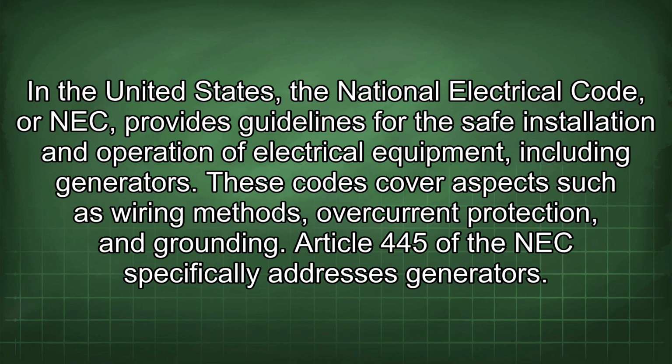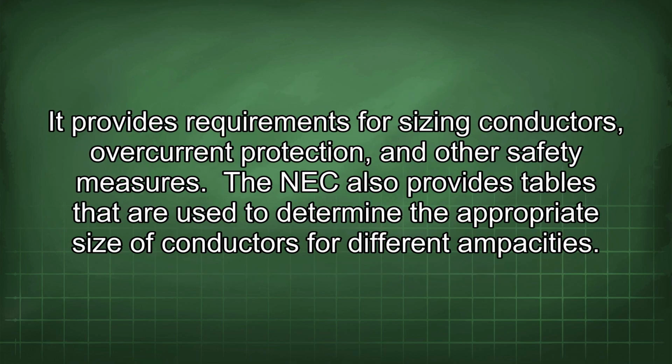In the United States, the National Electrical Code (NEC) provides guidelines for the safe installation and operation of electrical equipment, including generators. These codes cover aspects such as wiring methods, overcurrent protection, and grounding. Article 445 of the NEC specifically addresses generators. It provides requirements for sizing conductors, overcurrent protection, and other safety measures.